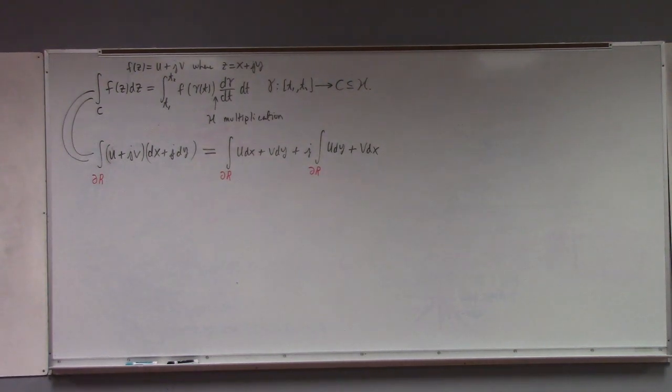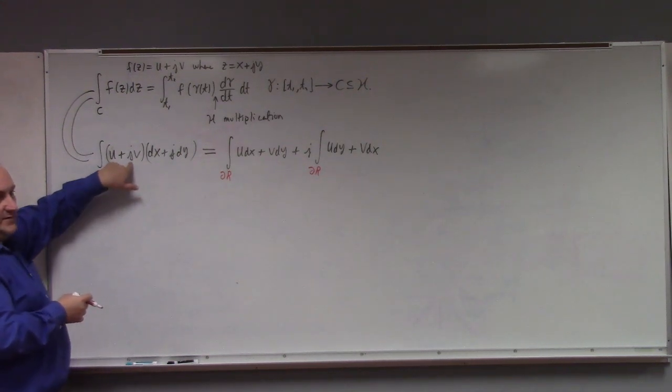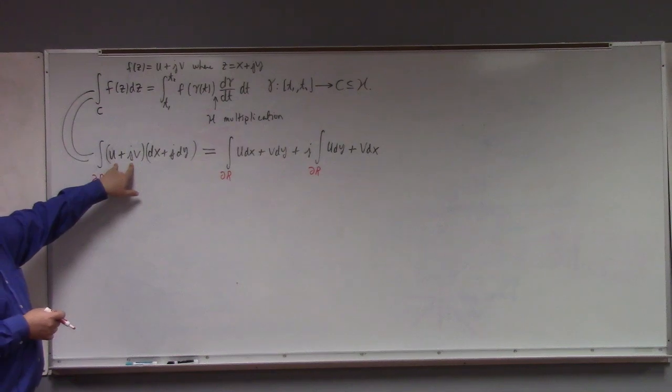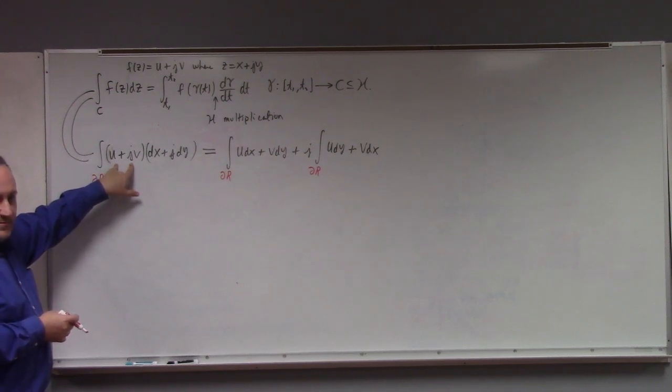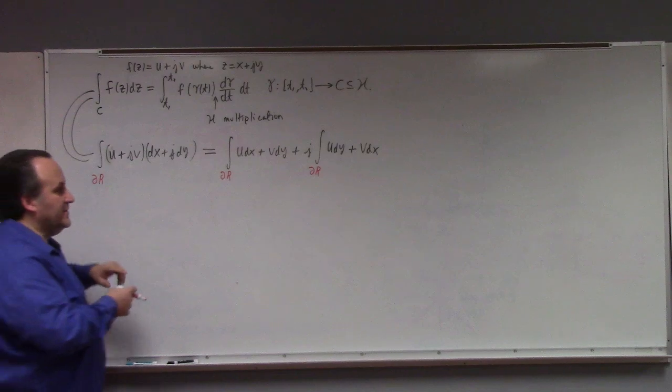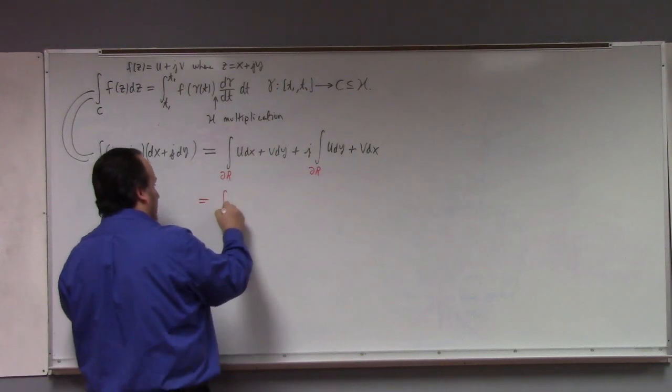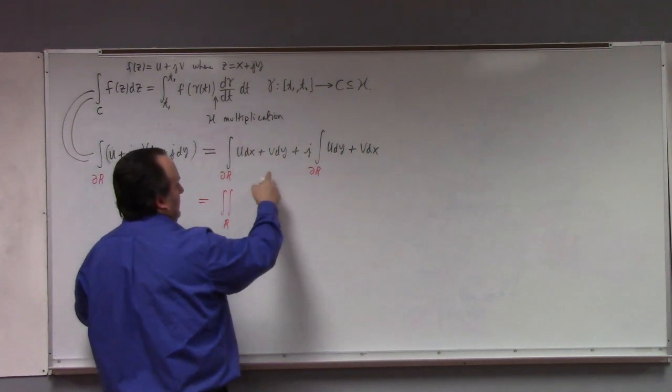Cauchy's theorem should say that if this is hyperbolic differentiable with continuous derivatives, then this integral should be 0. Is it? How do we prove this? Green's theorem, right. So we do the integral, and how's that go?